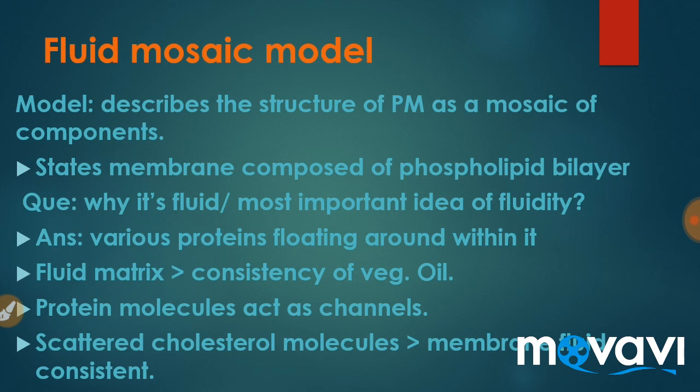So individual phospholipid molecules can diffuse from one place to another in their own single layer. About this property of diffusion, there will be a detailed experimental explanation in a separate video. For now, we just know that the bilayer is mobile or shows a fluid-like matrix.